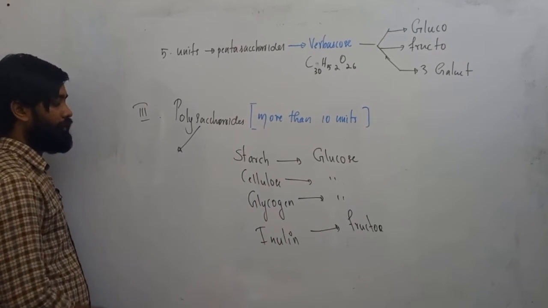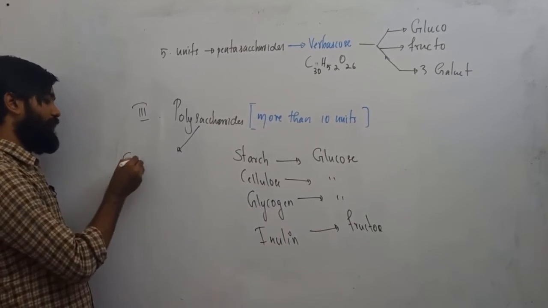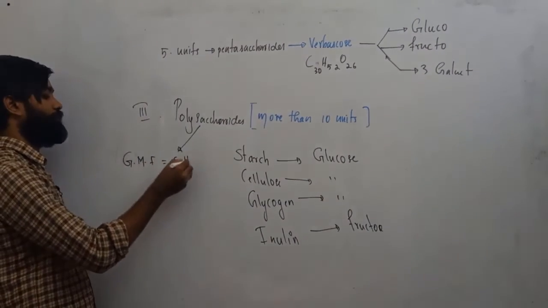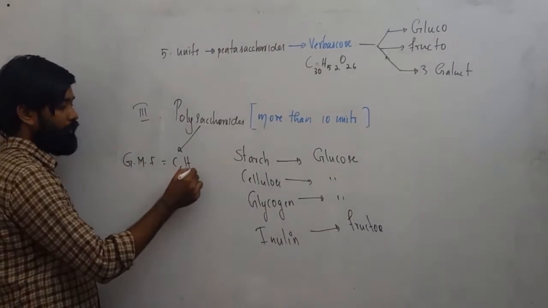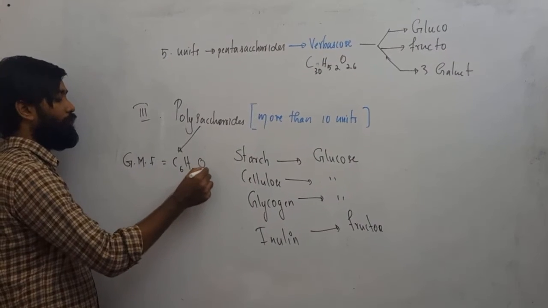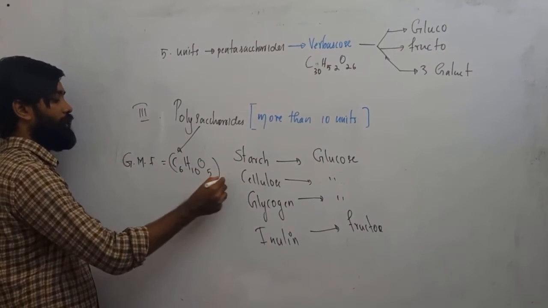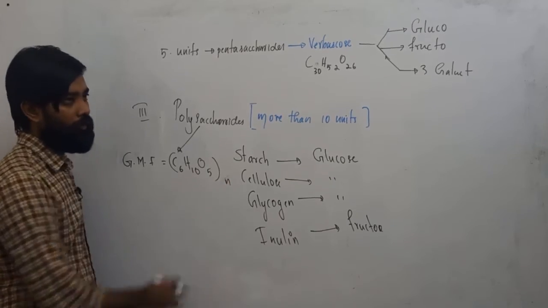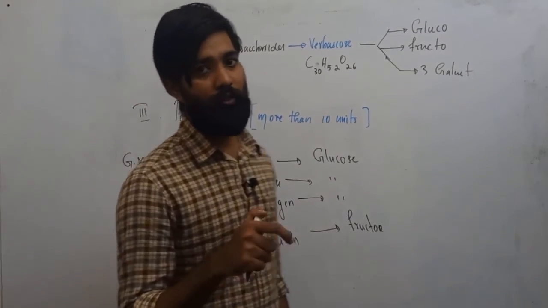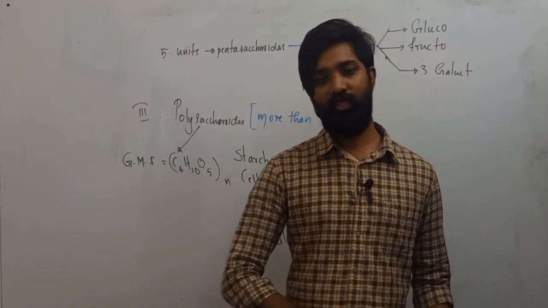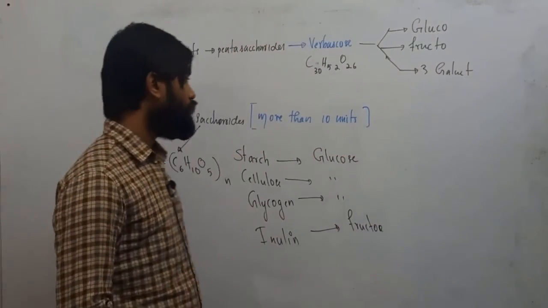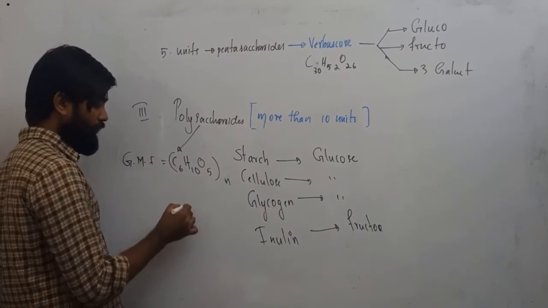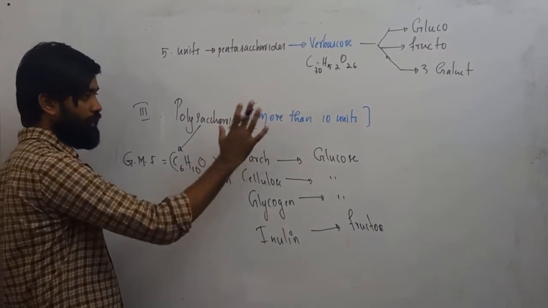So these are the important polysaccharides. And the general molecular formula of polysaccharides is usually (C6H10O5)n. There is actually H2O missing to form n molecules of C6H12O6. Where n is not actually 11.